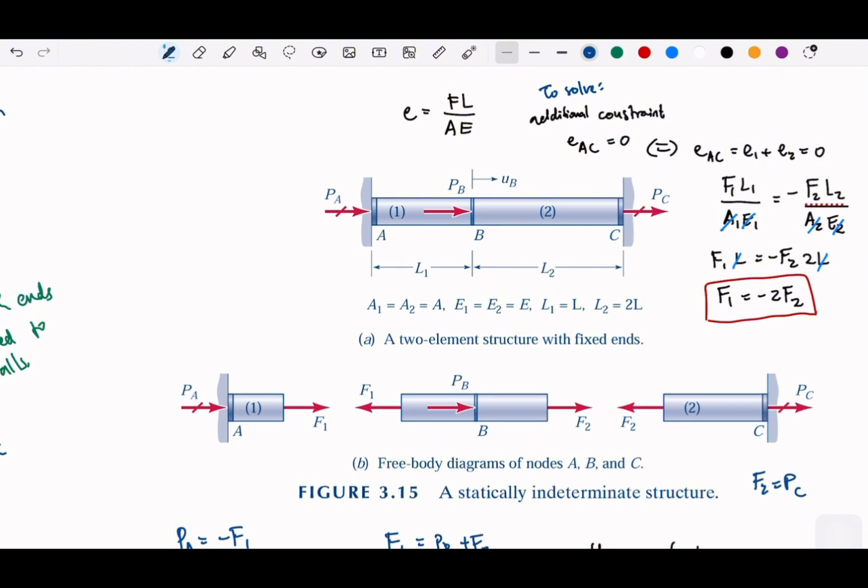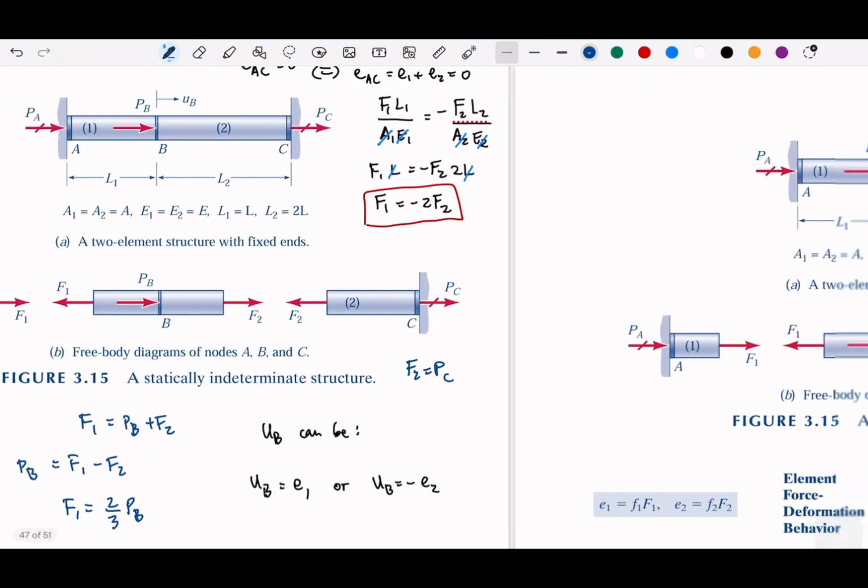So one material will be in tension, and the other one in compression. That will be our assumption, and we call this a statically indeterminate structure, because we cannot really see the exact forces for each material from the structure diagram.